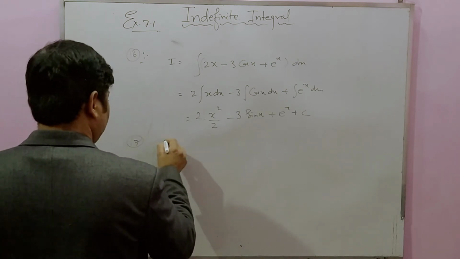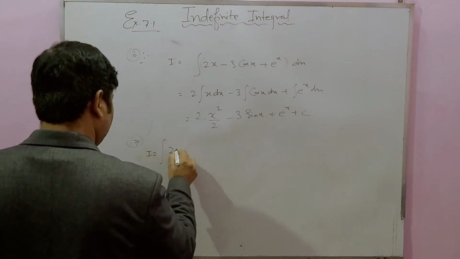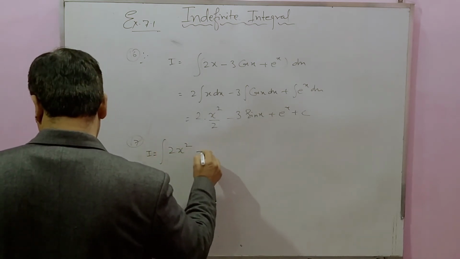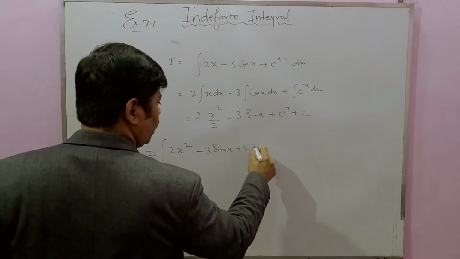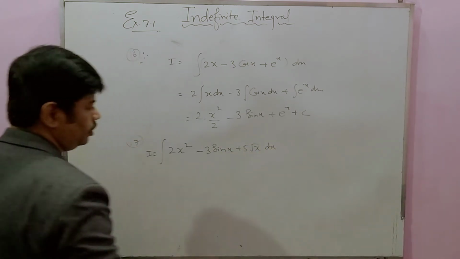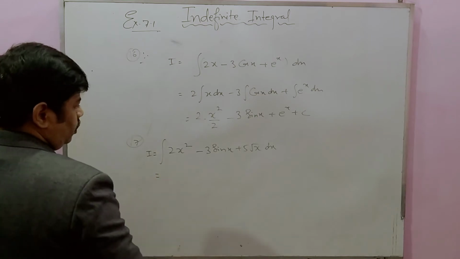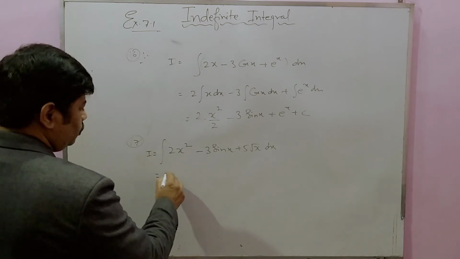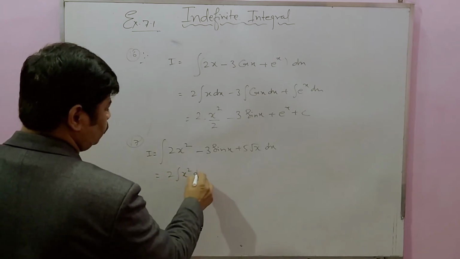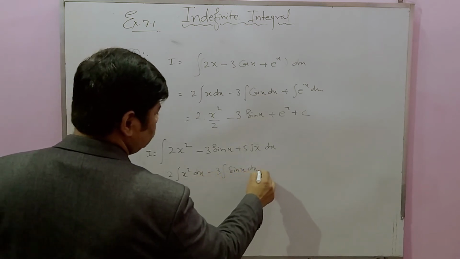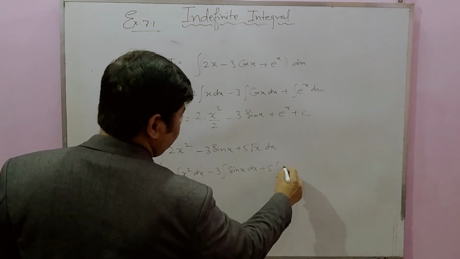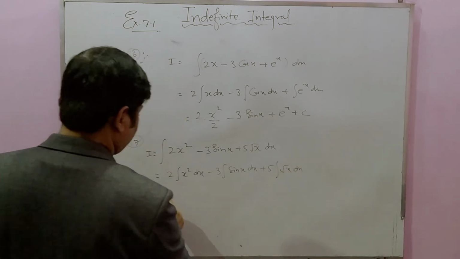Now the 17th question is integration of 2x square minus 3 sin x plus 5 root x dx. We are going to integrate this one. So 2 integration of x square dx minus 3 integration of sin x dx plus 5 integration of root x dx.